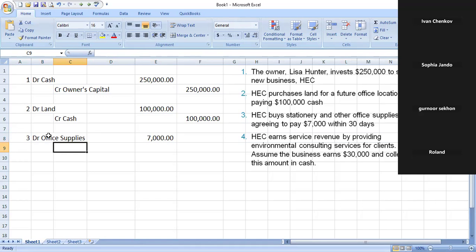Liability, correct. And how are we going to code that liability? Accounts payable, right? We're going to keep track of how much we owe, and we're going to call it accounts payable. So we're going to credit the liability account, which is called accounts payable here.